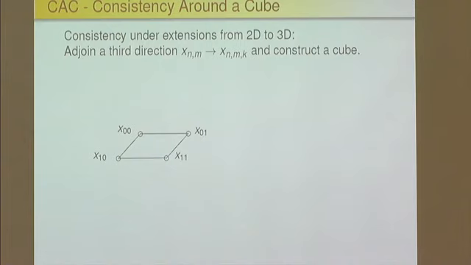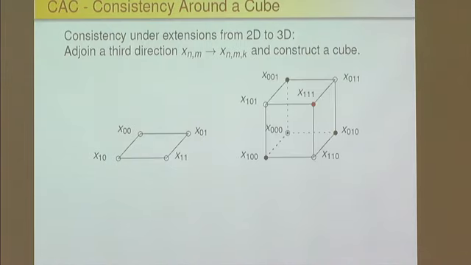Now we extend that into three dimensions. We still have this equation, but we have an extra coordinate, which is 0 here, but shifted there. So we have built a cube.